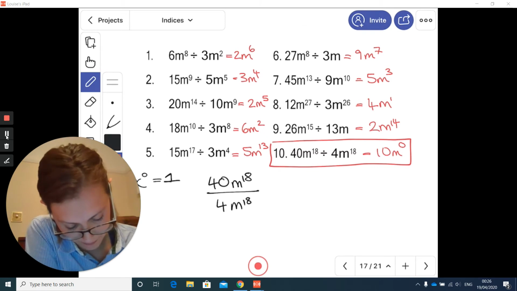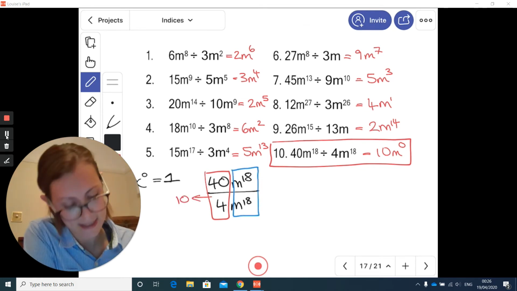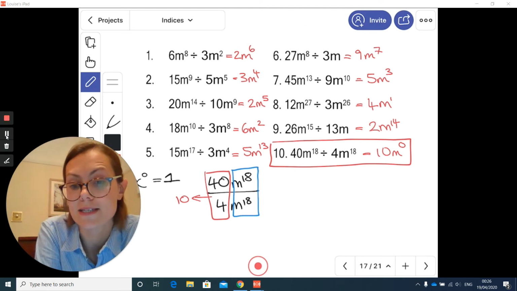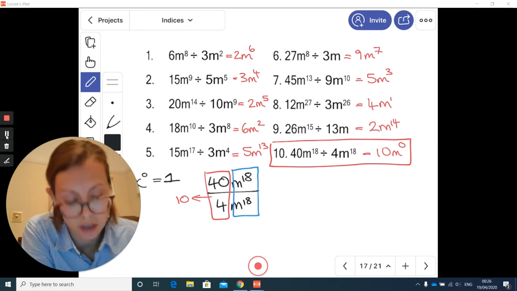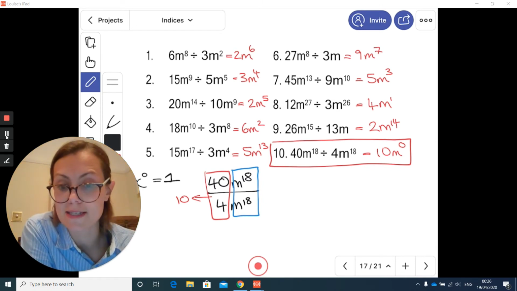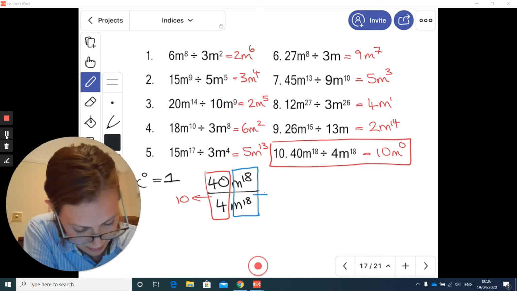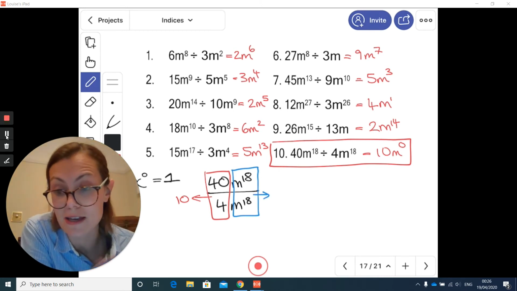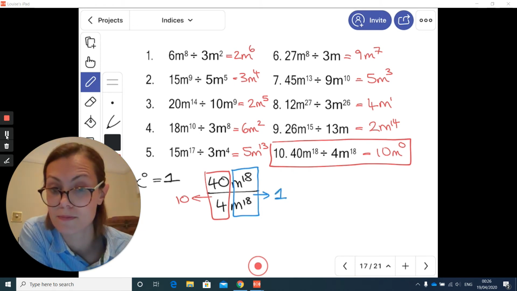Now, if we just look at these numbers first, hopefully the numbers are nice and easy. So we're happy that that becomes a 10. Now, the more interesting part, m to the 18 divided by m to the 18. So you are dividing an expression by itself. And we should know that any number or any expression divided by itself is 1.